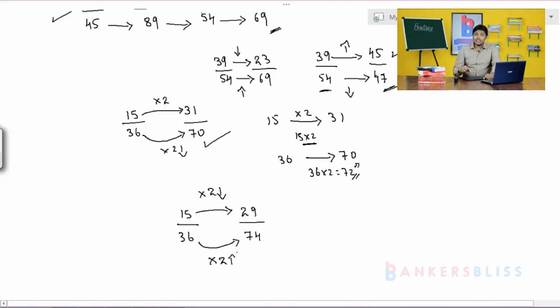Numerator less than twice it is increased, denominator more than twice it is increased. So, if this is the case, then the numerator increasing rate is less than the denominator increasing rate. If this is the case, the resultant fraction value will be lesser than the previous one. So, therefore, 29/74 is lesser. Okay, 29/74 is lesser, therefore 15/36 is the highest fraction among these two.